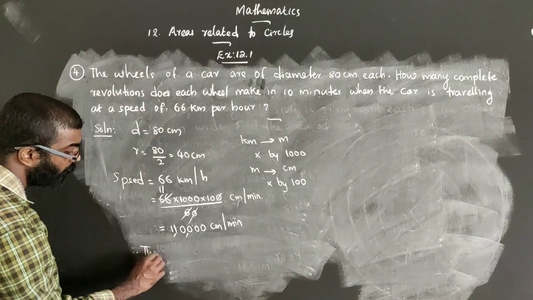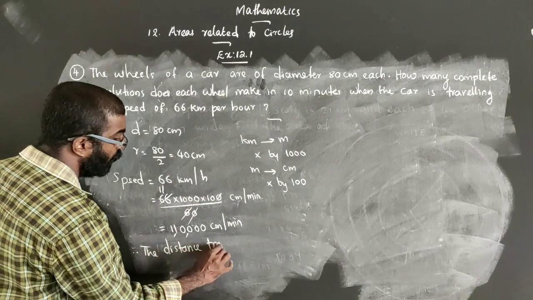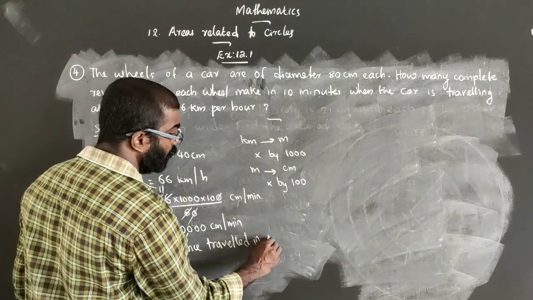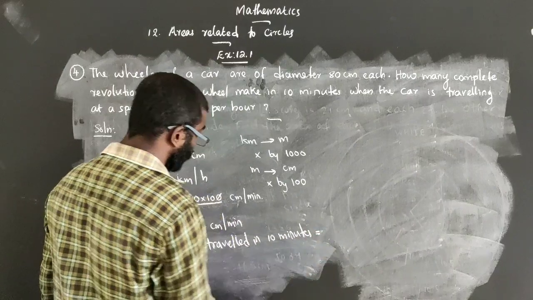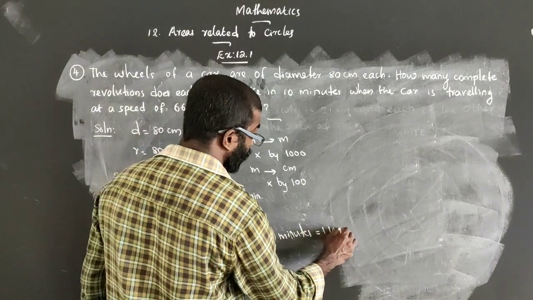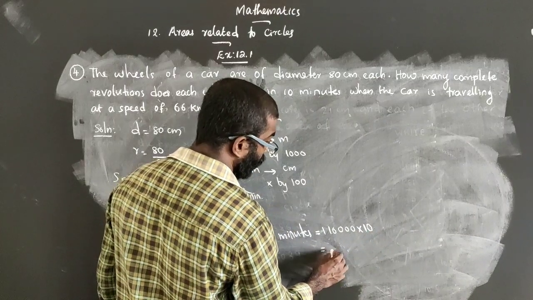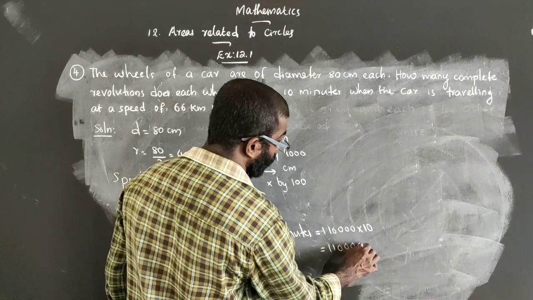Therefore the distance traveled in 10 minutes is equal to 1,10,000 into 10. It is equal to 11 lakh centimeter.